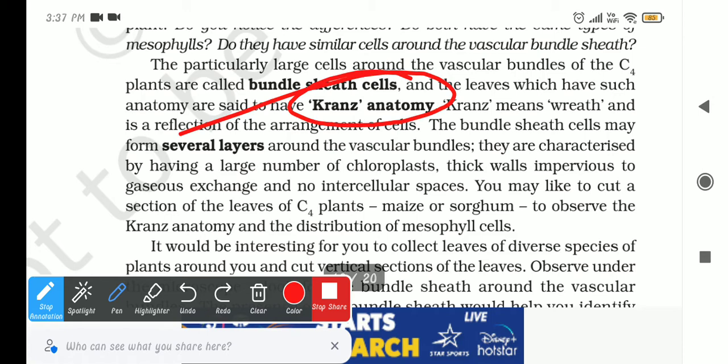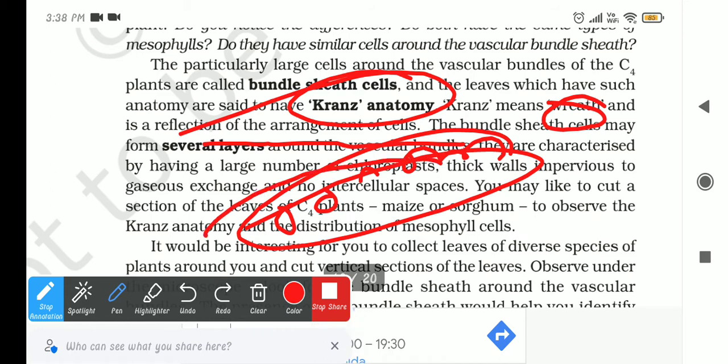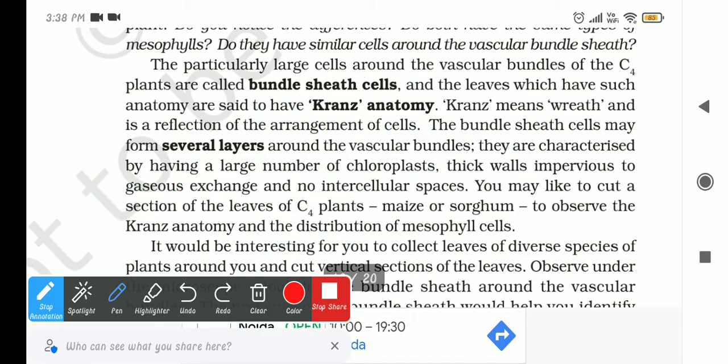Kranz means wreath, and it is a reflection of the arrangement of cells, how the cells are arranged, and what kind of anatomy is formed due to it. So let's talk about it. They have a large number of chloroplasts.